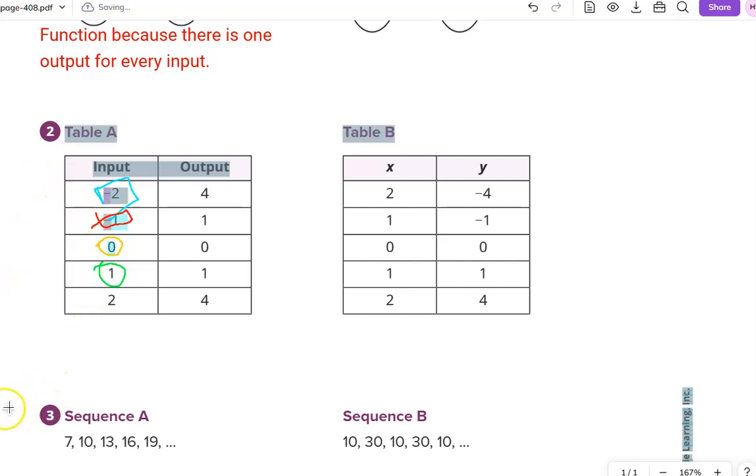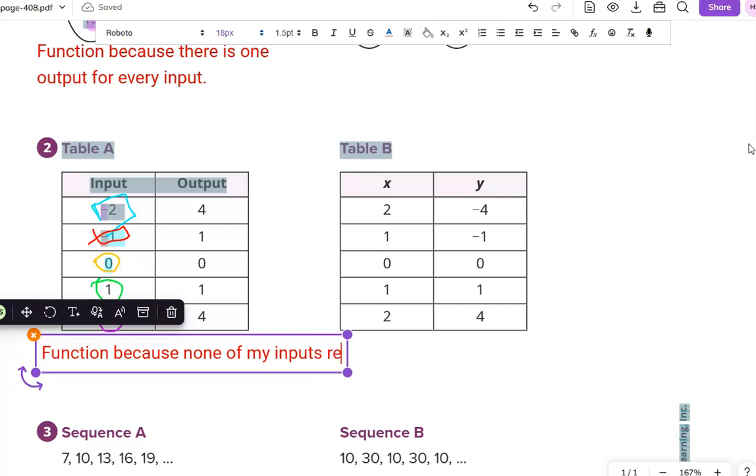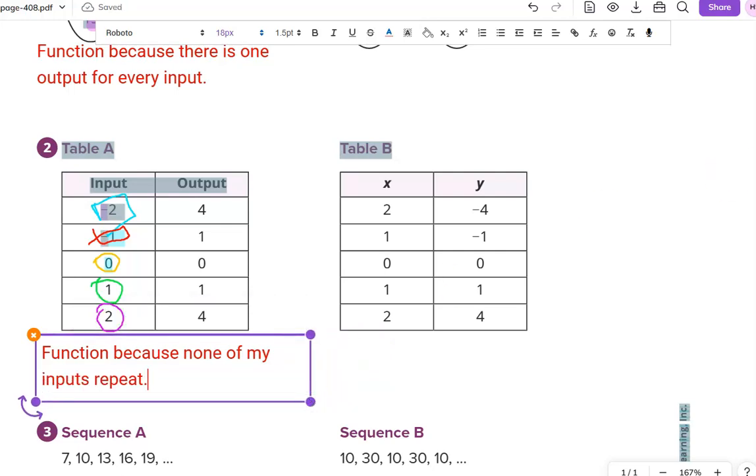I have a -2, but not a +2, so it needs a different color. Okay, so I don't have any of the same colors, so none of my input numbers repeat, so it is a function. Okay, so I'm going to say function because none of my inputs repeat. If I would have had any of the same numbers in my inputs, then it's not a function.